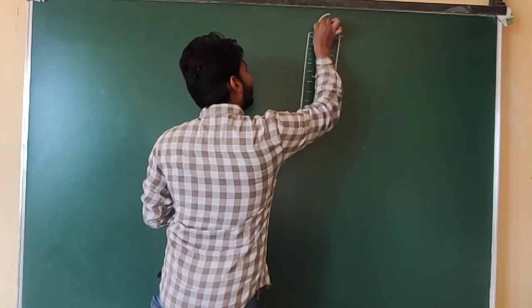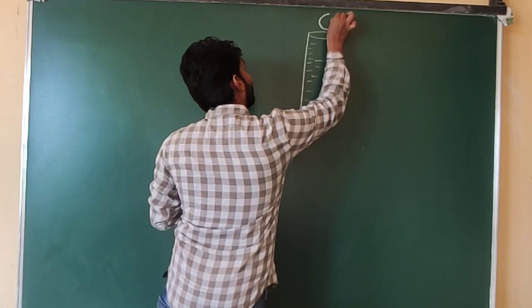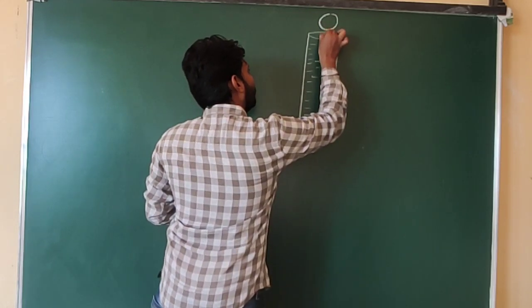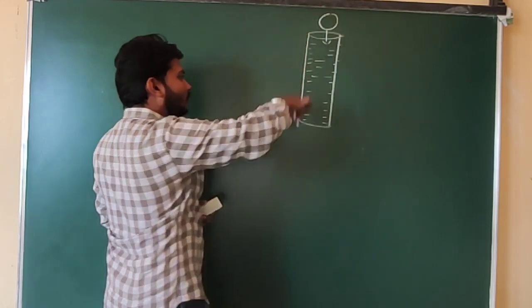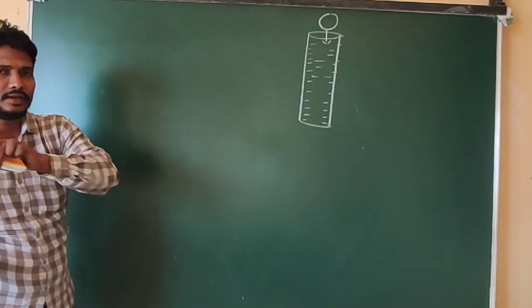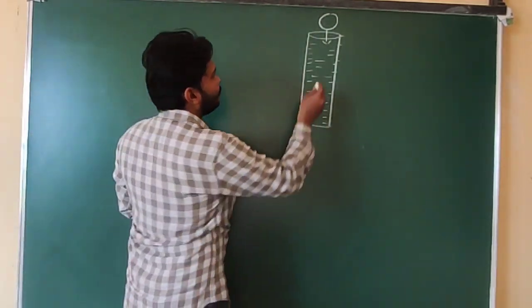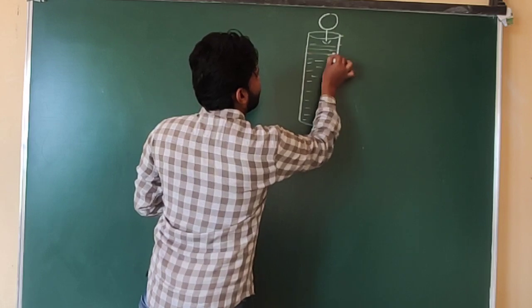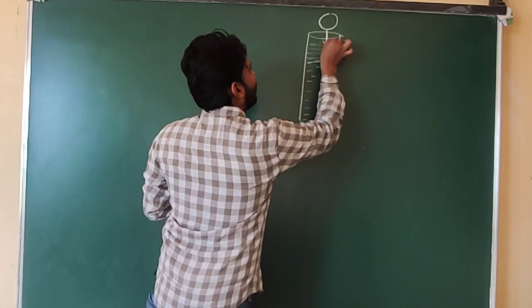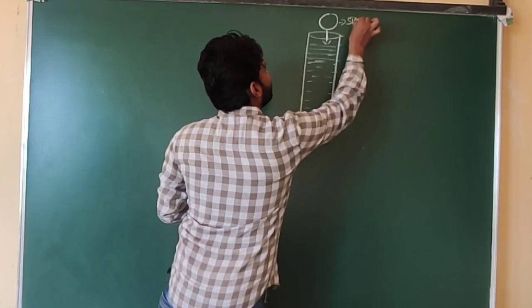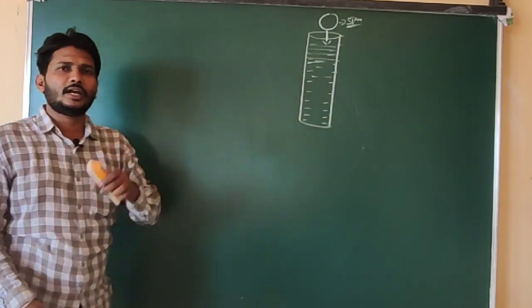I will take one spherical body here. If I drop the body into a viscous fluid, then different layers of the liquid will oppose the motion of this spherical body. Did you get my point?